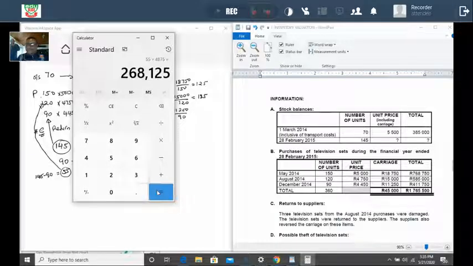That gives us 268,125. So if you add the sum of these two, it's going to give you 679,875. I hope, yes, 875. So now we have calculated the value of our closing stock.